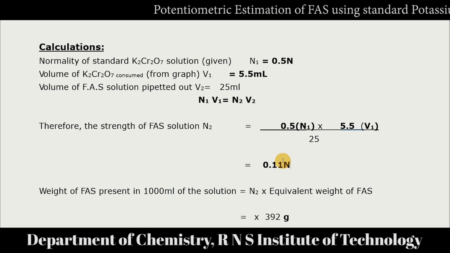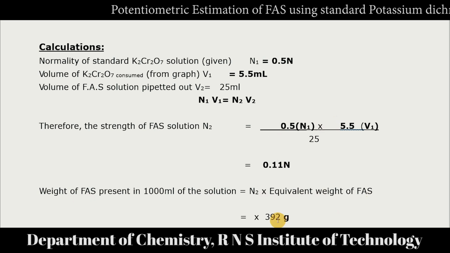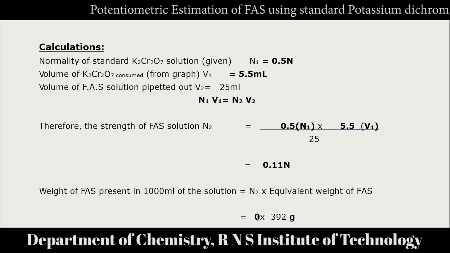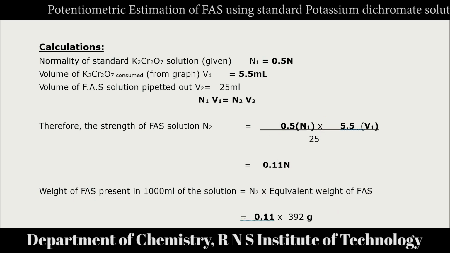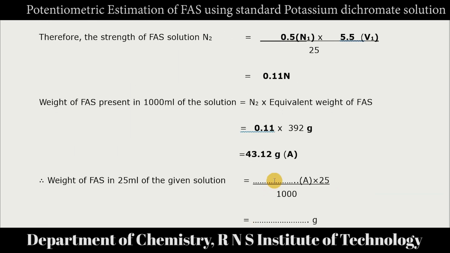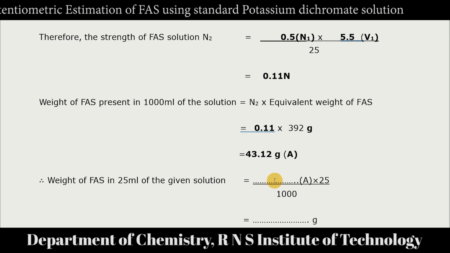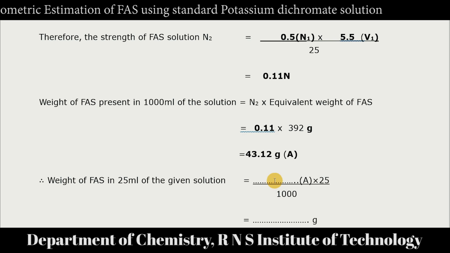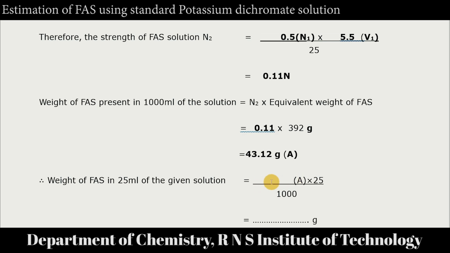Now weight of FAS present in 1 liter is normality into its equivalent weight, that is 0.11 into 392, we get 43.12 grams. So 43.12 grams is there in the 1 liter solution. Now let us find how much is present in 25 ml.